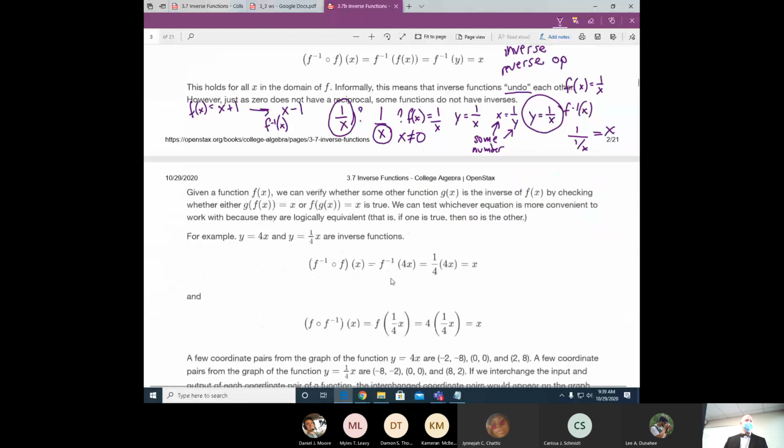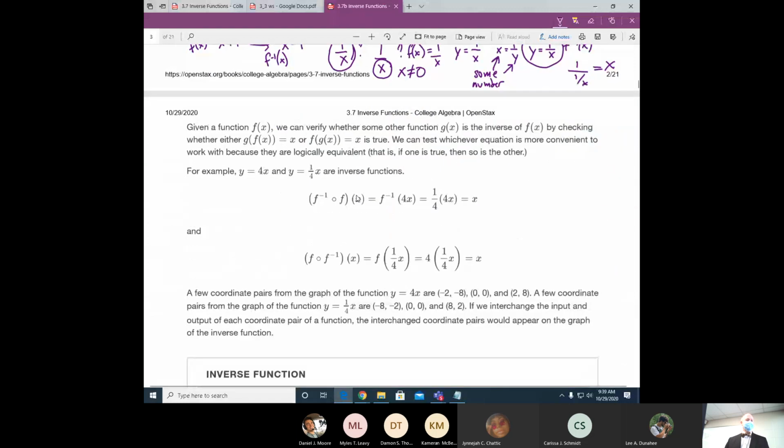All right, so let's continue and scribble over this, looking at an example. And now we start getting into this. If I take the composite, remember the composite is defined by this. A better way to think of it is, f inverse taking as input the output of the original, f of x. I better get x back if this is indeed the inverse.